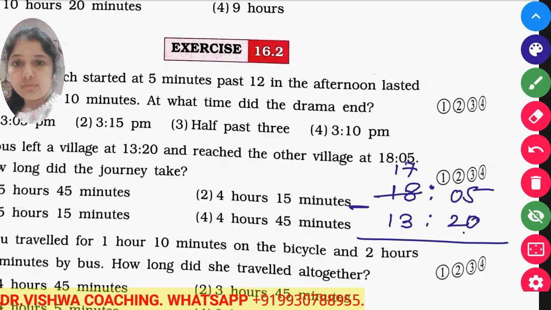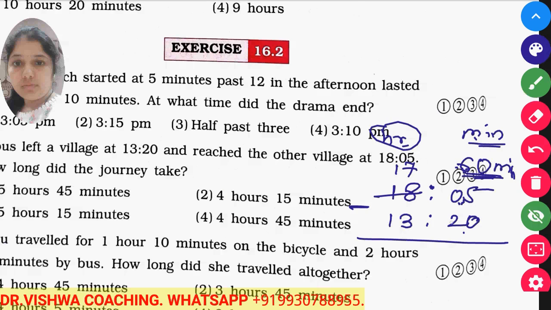So this becomes 15 and this hour I will take here. So it becomes 60 minutes. Okay, because 1 hour is equal to 60 minutes and this is the minutes place and this is the hours place. So instead of writing 1 hour here, I write 60 minutes. Now this 60 minutes is added to this 5. So it becomes 65 minutes.